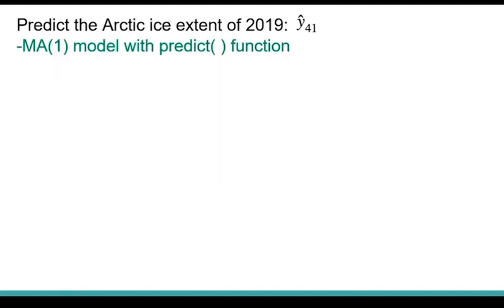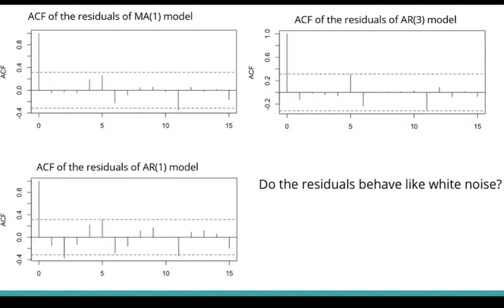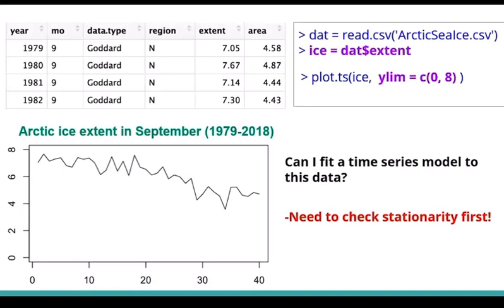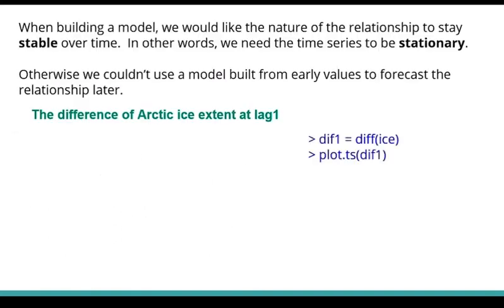Since we've chosen the MA of order one, if we want to make a prediction about the Arctic ice extent of 2019, don't forget our data ended in 2018. It is between 1979 and 2018, and we can predict for 2019.